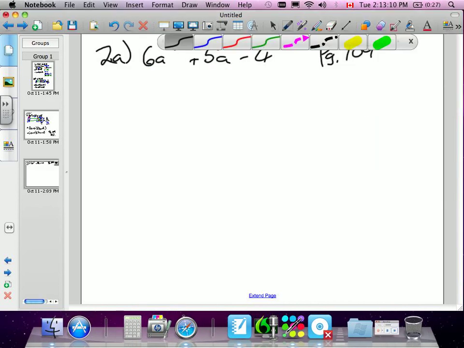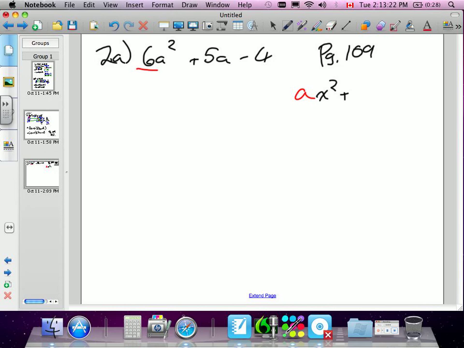Question 2a from your textbook. Very first thing I told you to do, you want to find the factors of your a term. And remember, we write it like this: ax squared plus bx plus c. So this is our theoretical model. We want to find the factors of our a, which is 6.